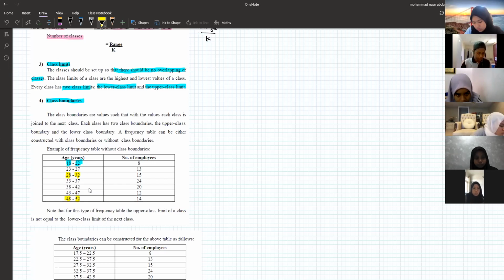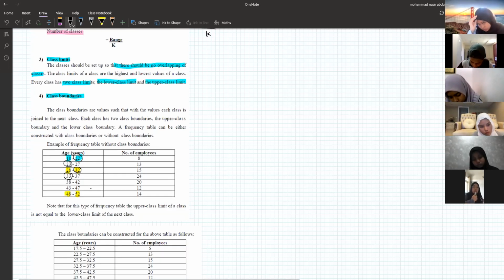right? And for class limit, if you notice, the upper class limit of the first class is not equal to the lower class limit of the second class, right? The upper class limit of a class is not equal to the lower class limit of the next class. You see, 32 is the upper class limit for the third class. It's not equal to the lower class limit for the fourth class. So this is what we call a class limit, right?